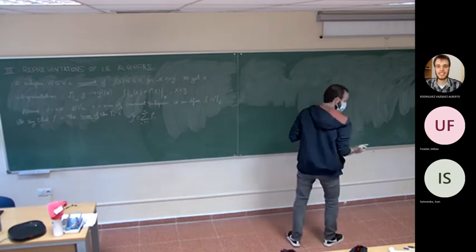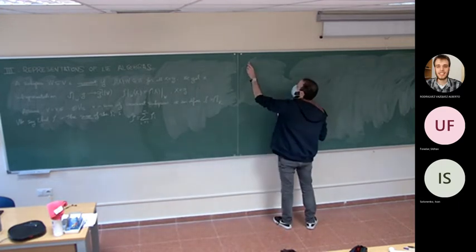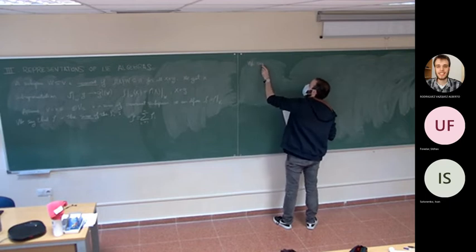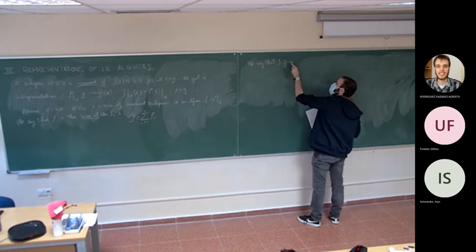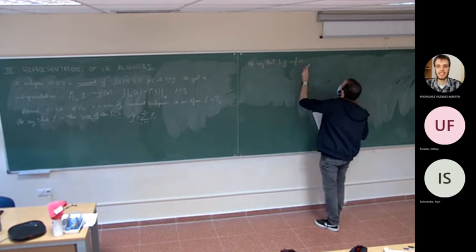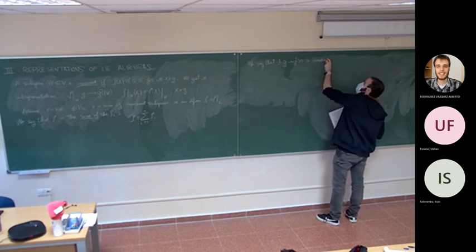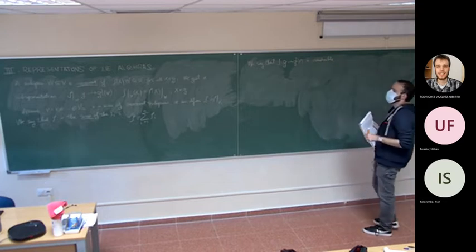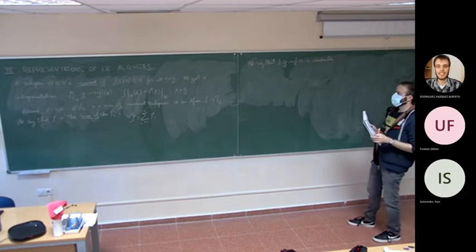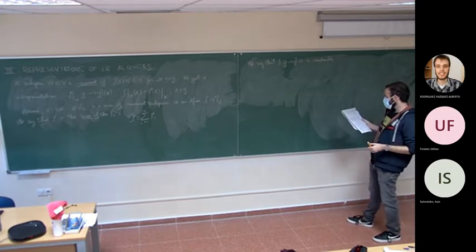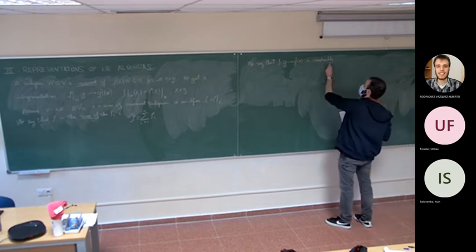So we say that a representation rho is irreducible if it has, quote unquote, no invariant subspaces. I say quote unquote because the zero space and the total space are always invariant. So the irreducibility condition means that there are no more invariant subspaces.